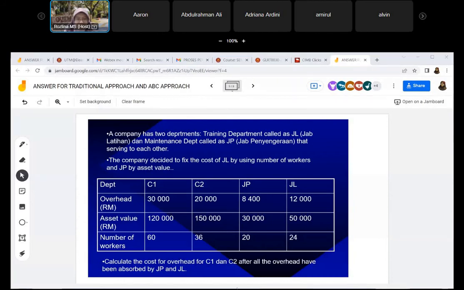Takut ada kata buku kan. Macam ni example tadi, you want to have a guideline lah how to answer.